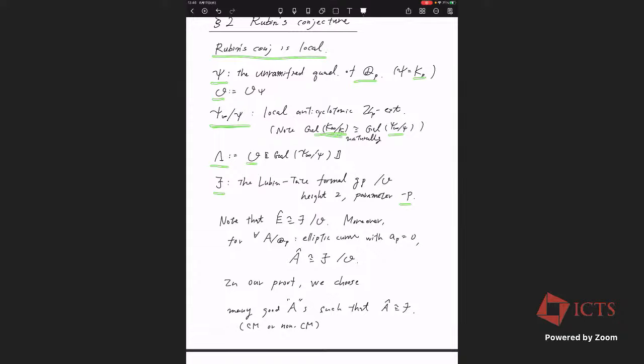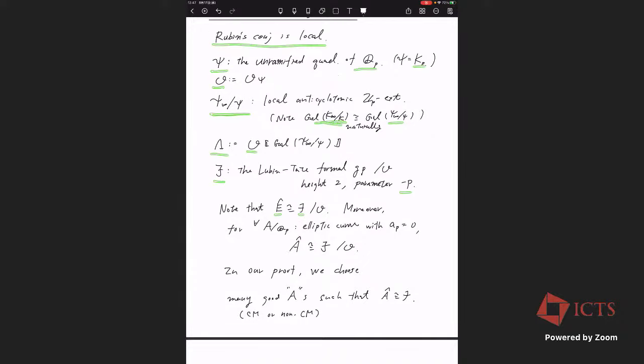Note that the formal group of E in the introduction is isomorphic to F over O. More generally, for any elliptic curve A defined over Q_p with a_p equal to 0, the formal group of A is isomorphic to F. So our theory can also be applied to any non-CM, or supersingular, elliptic curve over Q_p with a_p equal to 0.